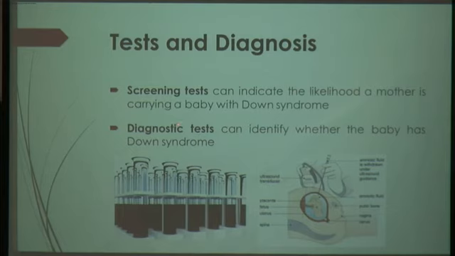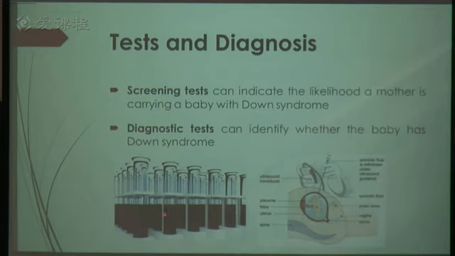And the other one is called the diagnostic test. It can actually identify whether the baby has Down syndrome, almost 100%, because it looks into the chromosome shape and the chromosome numbers under the microscope, and sees if it actually has 3 chromosomes for number 21.